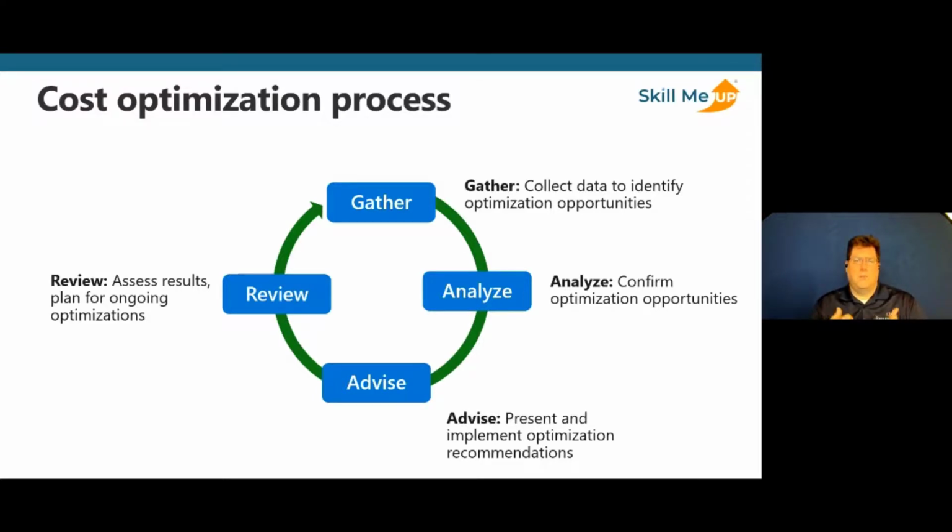Then as we go through those and maybe implement some of the recommendations from those cost optimization tools, we need to review those results and plan to gather more information as we continue along and find new ways to optimize. Maybe as we go along we see that our workload is performing at a pretty stable level, with no real spikes and dips in its performance on a monthly basis.